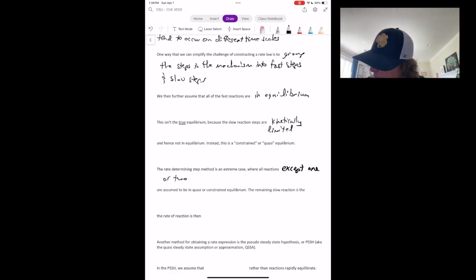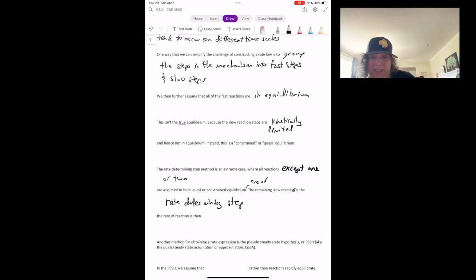So one of the remaining slow reactions is the rate determining step. We're basically going to pick one of the slow reactions. We kind of have to do this based on what we know about the mechanism.